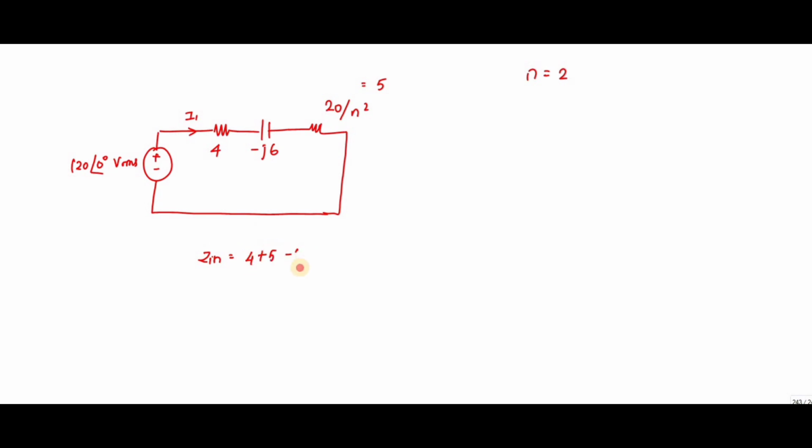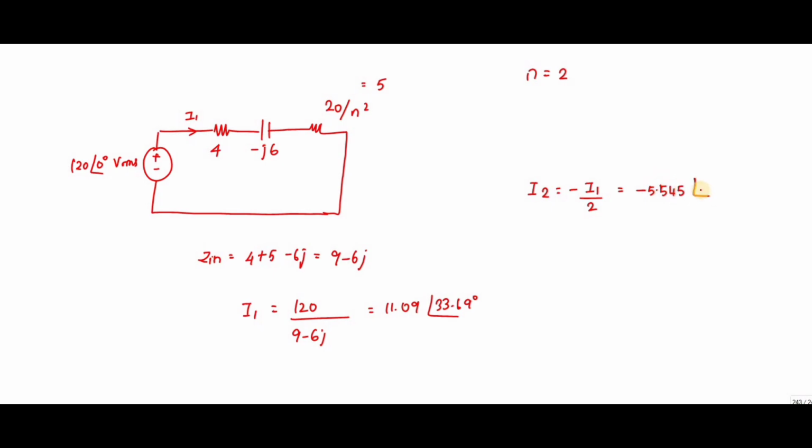Once I find the value of Zn and I have the voltage, I can find the value of I1. I1 is equal to 120 divided by 9 minus 6j. So this value is nothing but 11.09 at 33.69 degrees. From the diagram, I know that I2 is equal to minus I1 divided by 2. So I2 is equal to minus 5.545 at 33.69 degrees. What is V0?